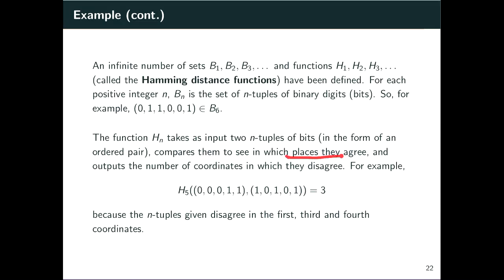It compares the coordinates and then outputs the number of coordinates in which they disagree. So it's counting how many times each coordinate is different. In this case, the first coordinate is different, so this gives us a 1. The second coordinate is the same, so that doesn't give us anything. The third coordinates are different, so that gives us a 1. The fourth coordinates are different, so this gives us another 1, and then the fifth coordinate is the same, so that gives us nothing. So we've got 1 plus 1 plus 1, which equals 3.